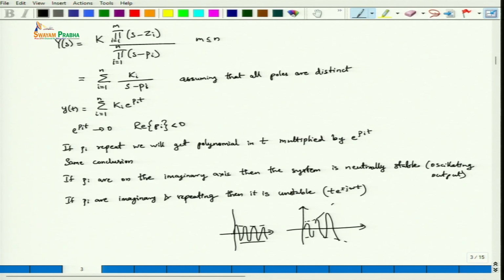So here we have three cases. The first one is if the poles are in the LHP, even if they are repeating, we still get a stable system. So that is the first case.